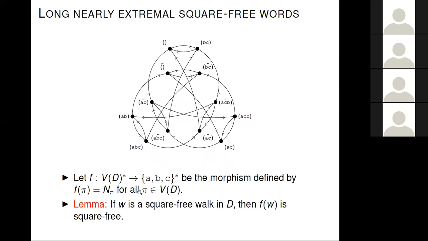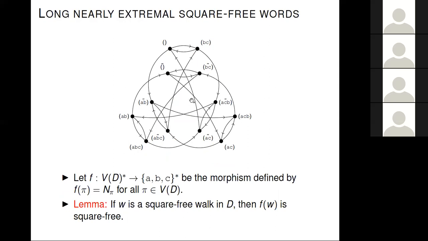And then, of course, what we're going to do is just take any Squarefree walk and map each vertex to the corresponding permutation or reversal of n. And you can, again, use the Squarefree lemma to just check those finite conditions. In particular, you just have to check every walk of length 3 in the digraph.